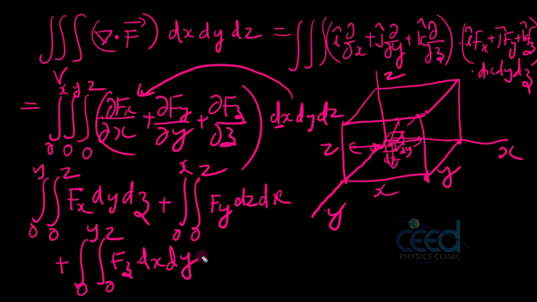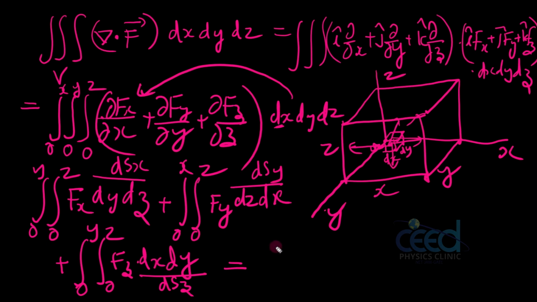So this dy dz is the area dsx, this is the area dsy, and this is the area dsz. So I can write this as fx dsx plus fy dsy plus fz dsz.